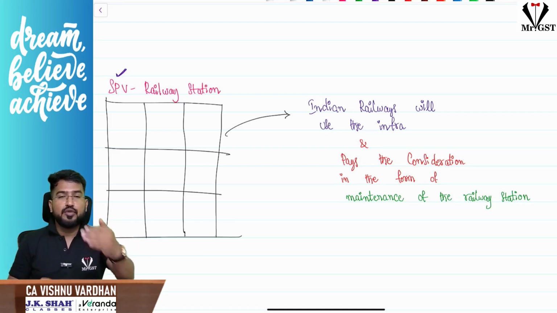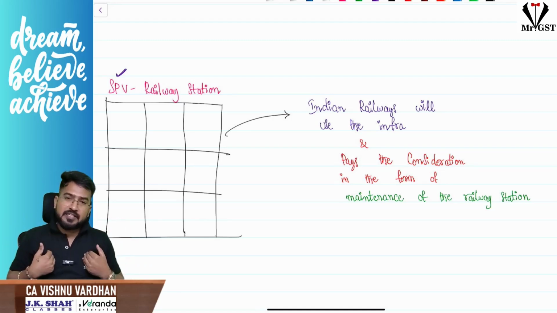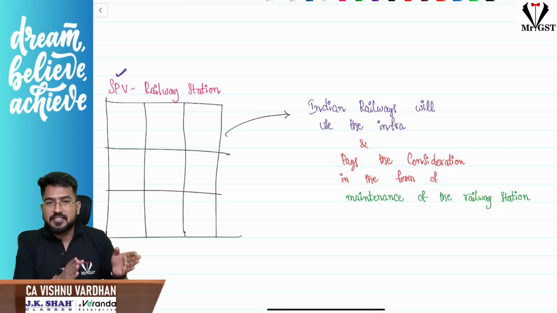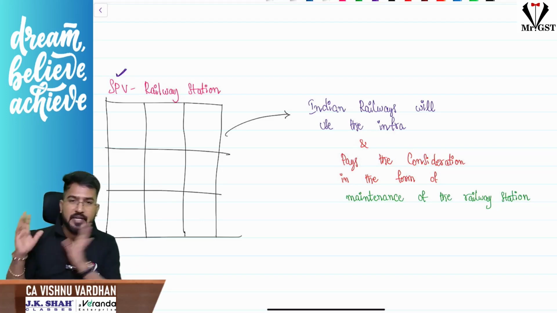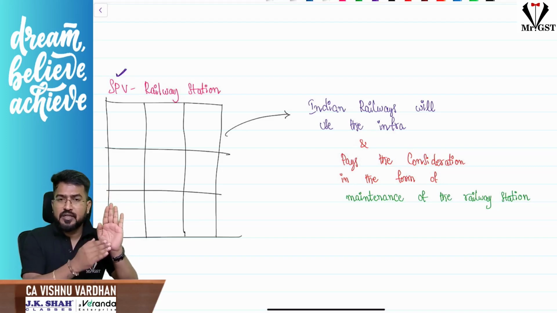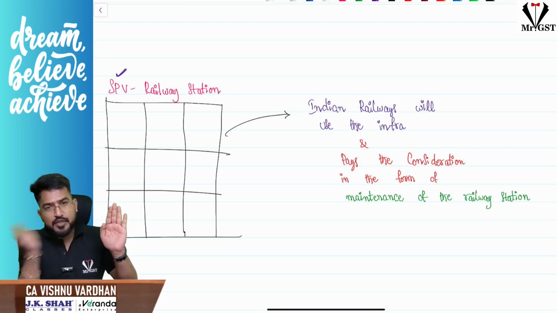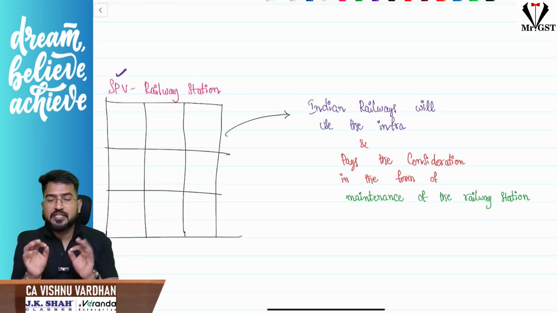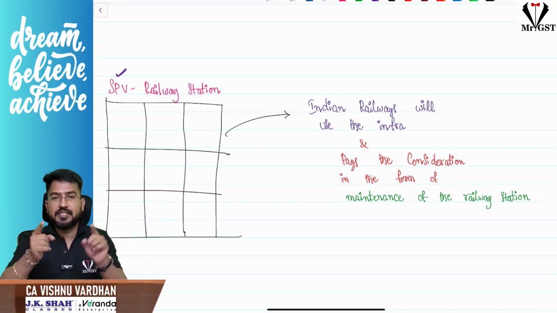For allowing them to use the railway station, Indian Railways pays consideration to the special purpose vehicle. How do they pay? In non-monetary form, that is, maintenance of the railway station is taken care of by Indian Railways. That consideration is exempt under GST.